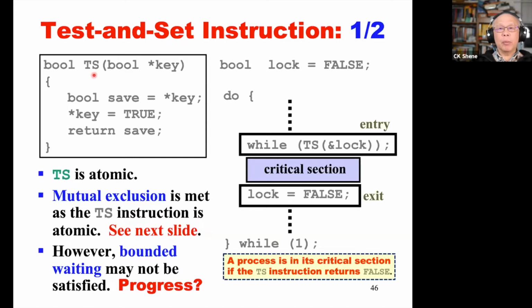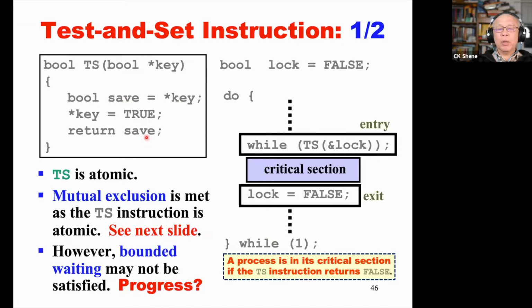It's just a pointer to something. So the first step is we copy the contents of that location to a local variable called save. And then we store the value of true to that location and return the old value.